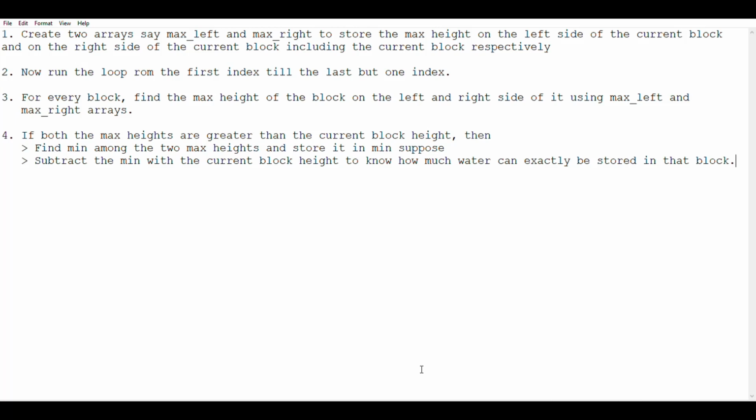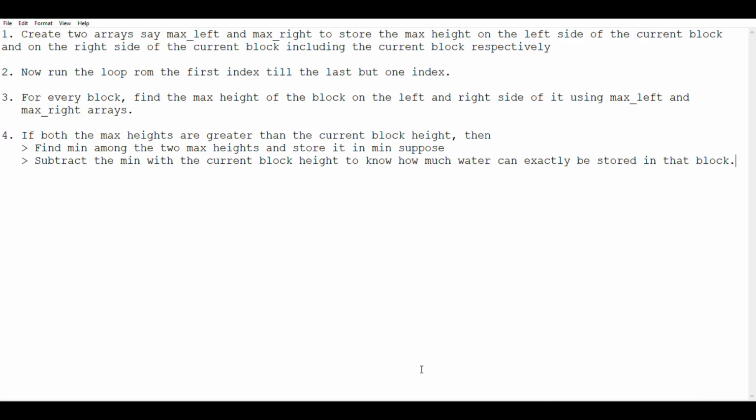Okay, so we are clear with the third step as well. Now in the fourth step, we need to check whether both the maximum heights which we got on the left and on the right side are more than the current height of the block. If both the heights which we got as the left and right boundary are more than the current block height, then we need to proceed.